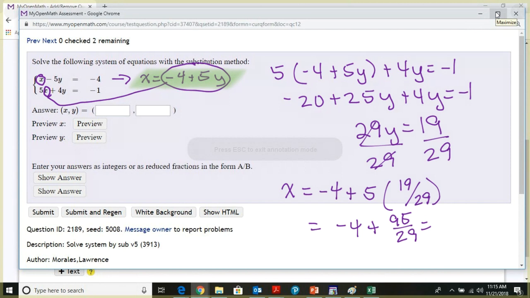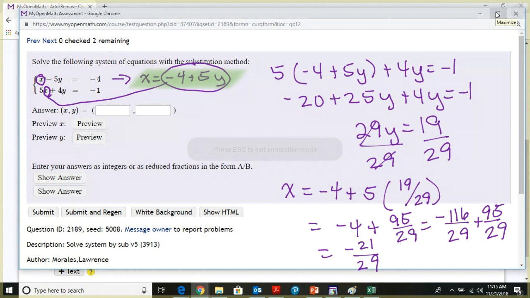And getting a common denominator, I'm just going to multiply that -4 times 29. So -116 over 29 plus 95 over 29 is going to give me -21 over 29. Now let me just make sure I didn't mess something up here.